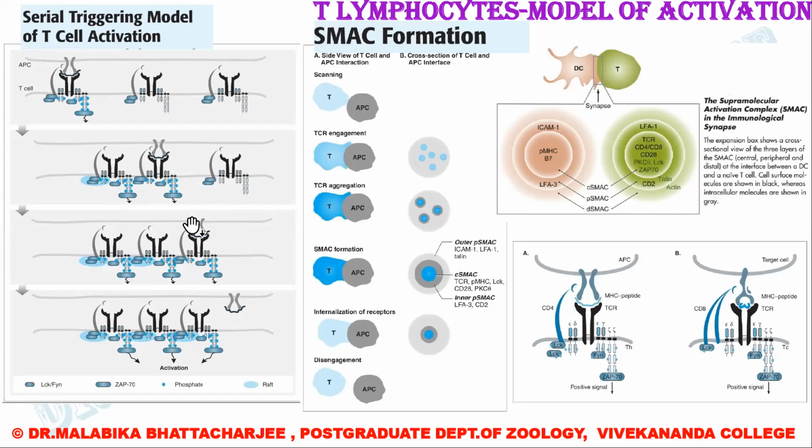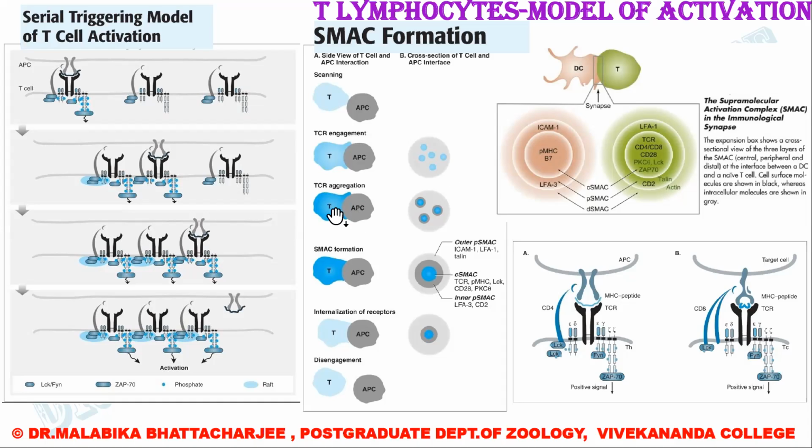You can see clusters of signaling molecules are being generated. So this is scanning, TCR engagement, and as you can see, TCR aggregation. These clusters eventually coalesce, they come together into the central SMAC, which contains triggered TCR and pMHC complexes, and the membrane rafts with the signaling molecules.